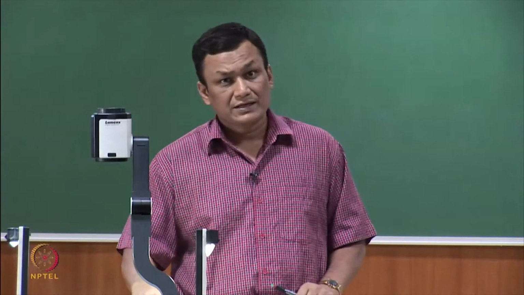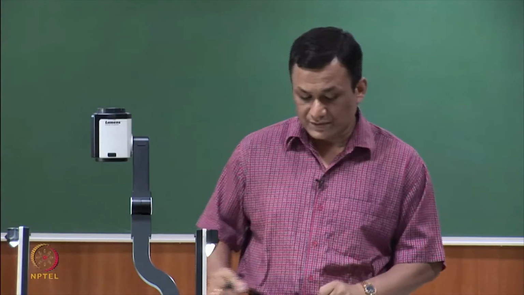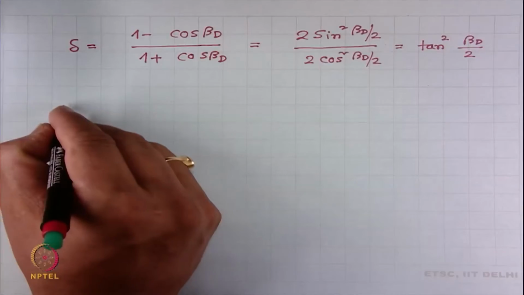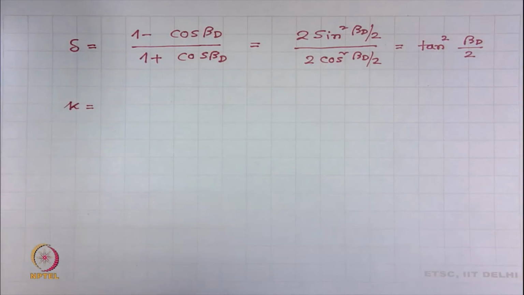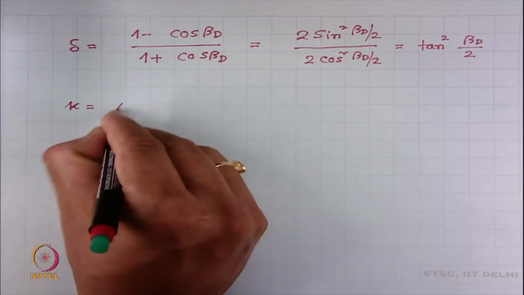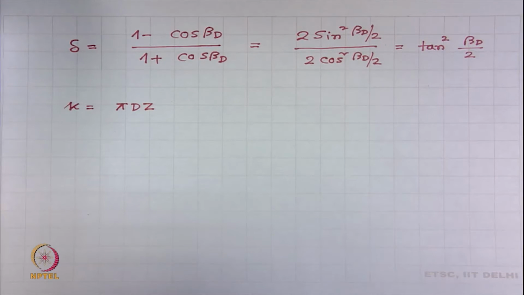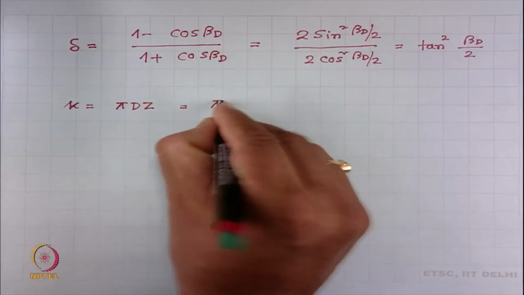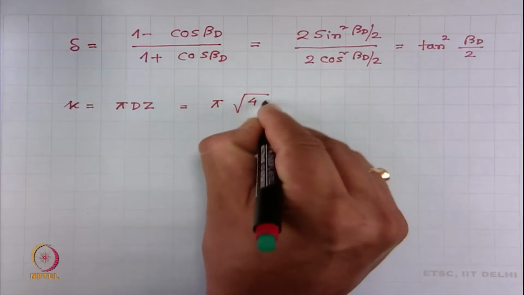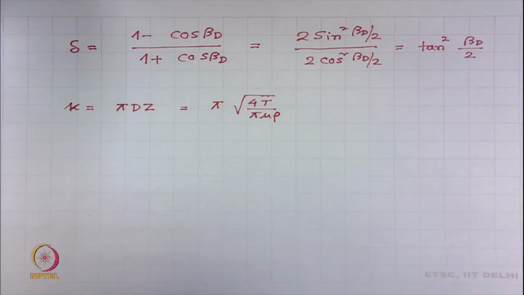We will continue in order to find the limit of twisting, but we will take a different strategy. What is our strategy? We know that twist intensity kappa is equal to pi times d times z, right. Now, what is d? D we know, 4 times T by pi mu rho, we already learned in module 2.